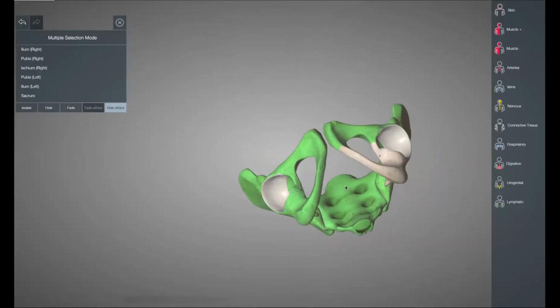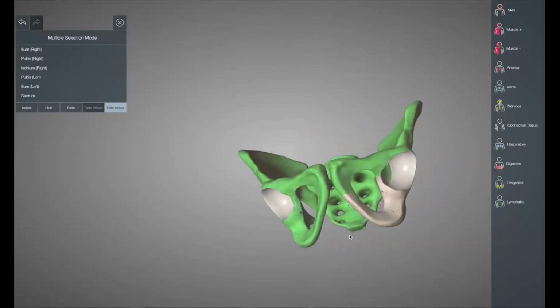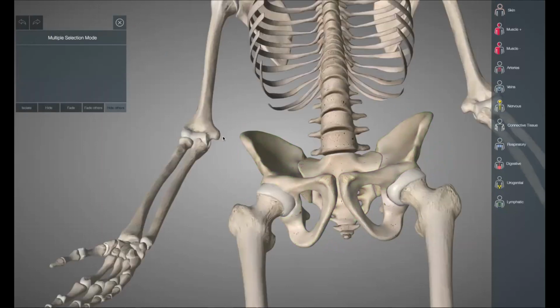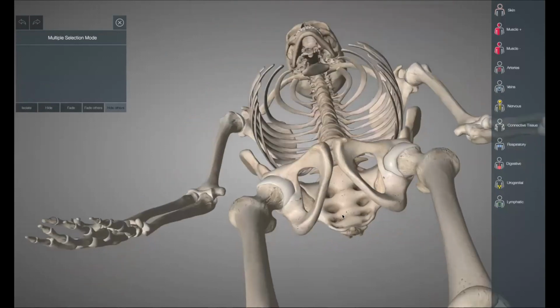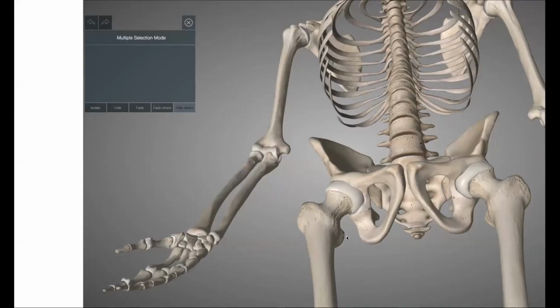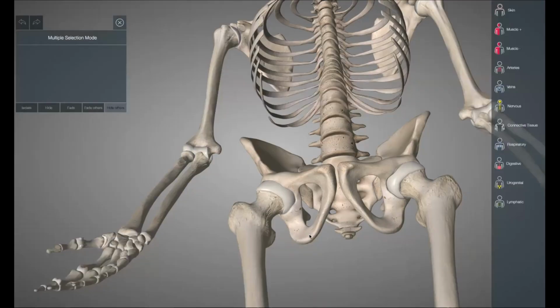The pelvic outlet, on the other hand: posteriorly we have the tip of the coccyx, and laterally the ischial tuberosities.